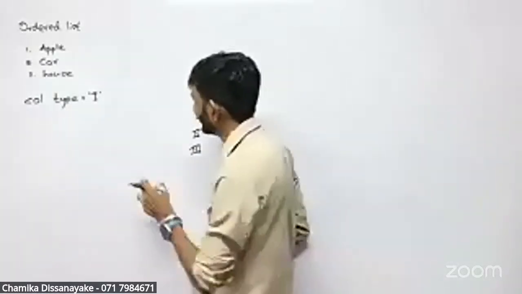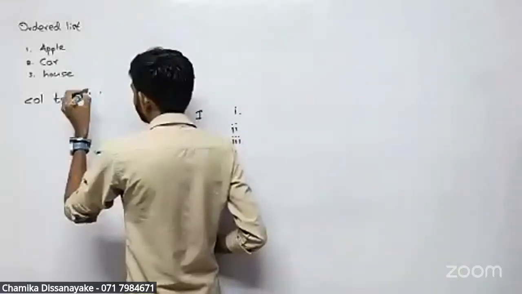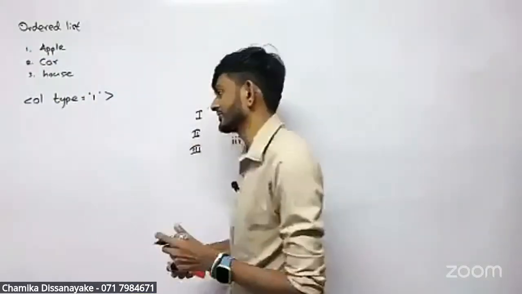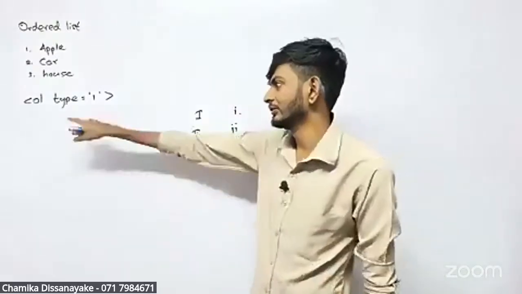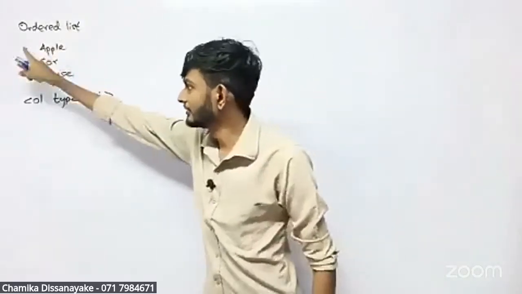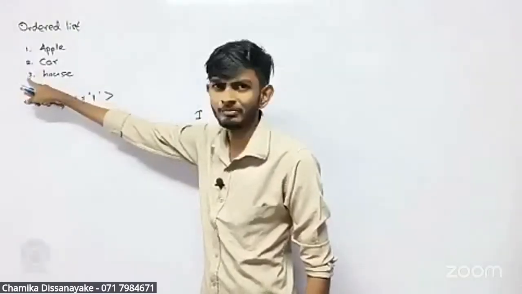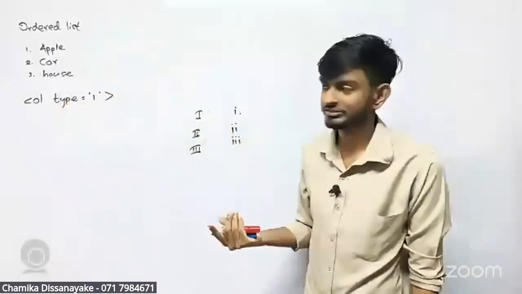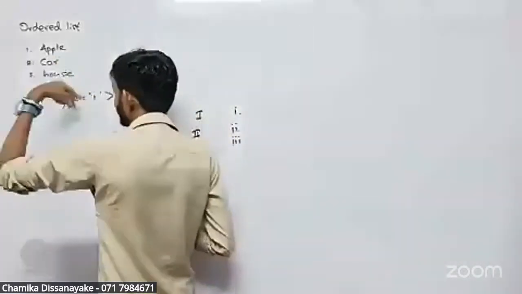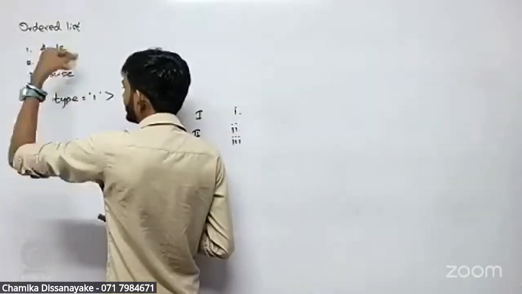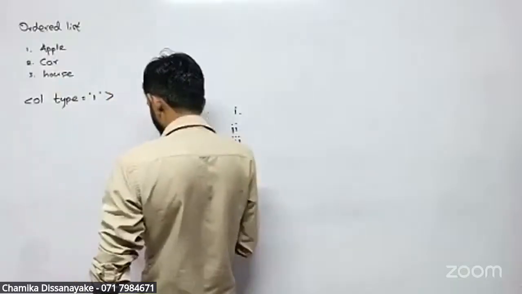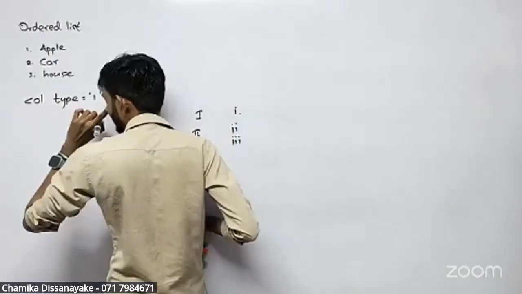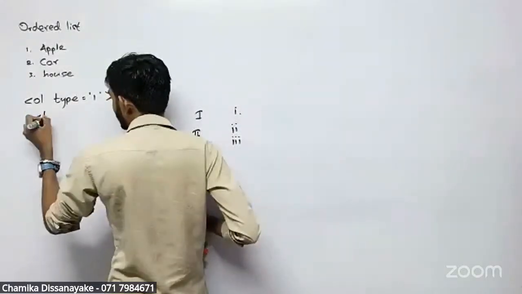The default one is number 1. If you don't include this type attribute, the normal Hindu-Arabic numbers will be the default. Then we have three list items: apple is one item, car another item, house the third. We include each list item in an LI tag.